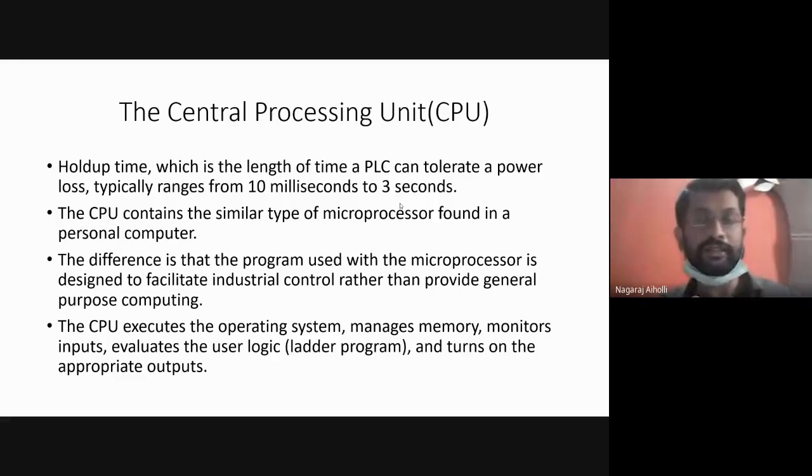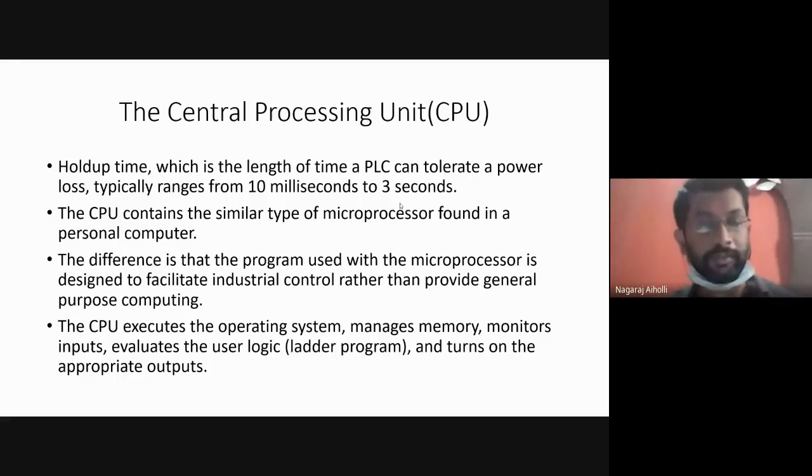The difference is, as I told in the beginning classes in the comparison between your computers and the PLCs, the CPU in a computer is meant for general purpose applications, your personal applications like home applications, office applications, college applications, educational purposes, or medical applications, right? Whereas the CPU that is used for the PLC is meant for industrial applications, industrial oriented applications. That is the difference.